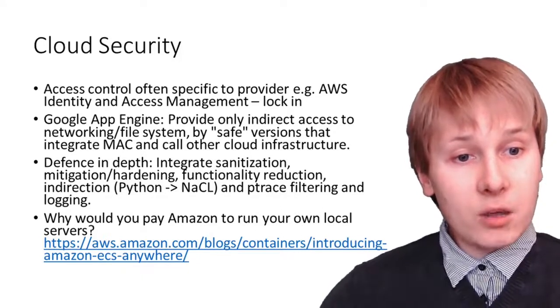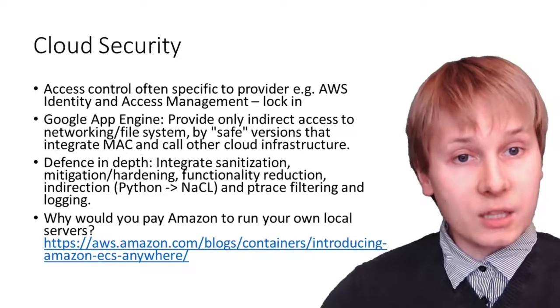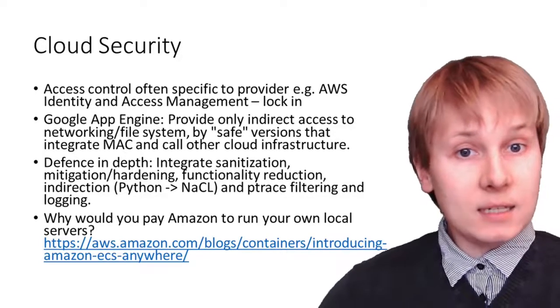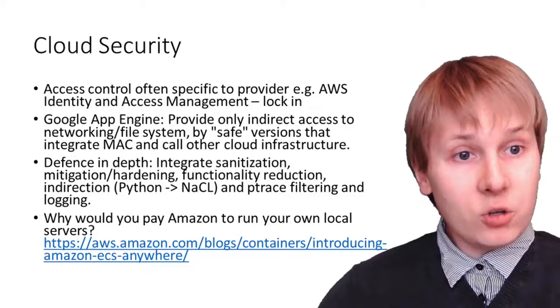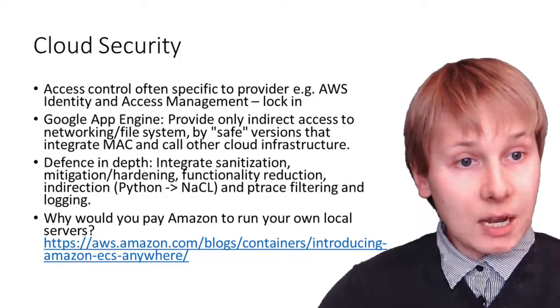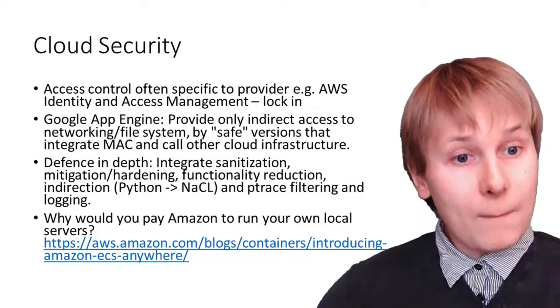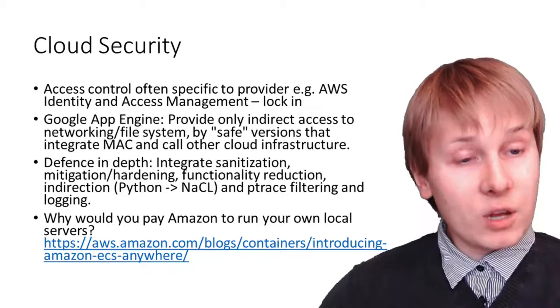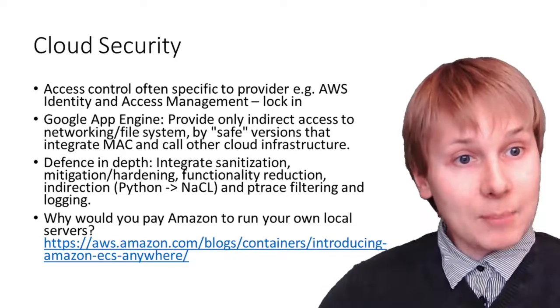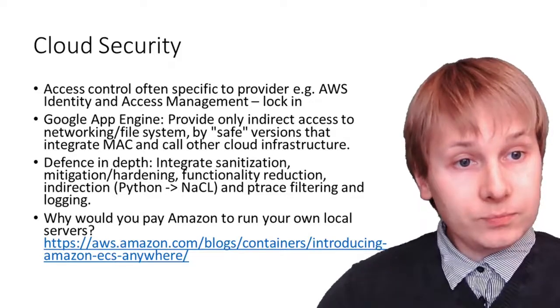And as in many other circumstances, the idea is that when you want to run applications in the cloud, you go via a defense in depth strategy. In your cloud application, you integrate sanitization, mitigation and hardening against bugs, and functionality reduction, so that your microservice in the cloud only does a very small thing and bans absolutely anything else. Indirection.